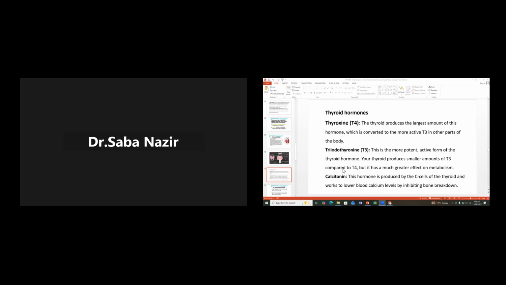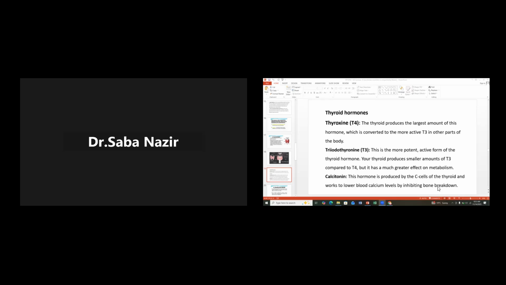Then the next one is calcitonin. It's another very important hormone. This hormone is basically produced by C cells within the thyroid gland. How does it function? This hormone works to lower the blood calcium level by inhibiting the breakdown of bone.